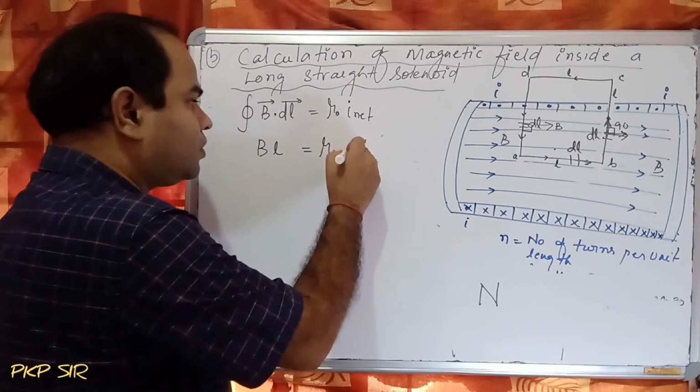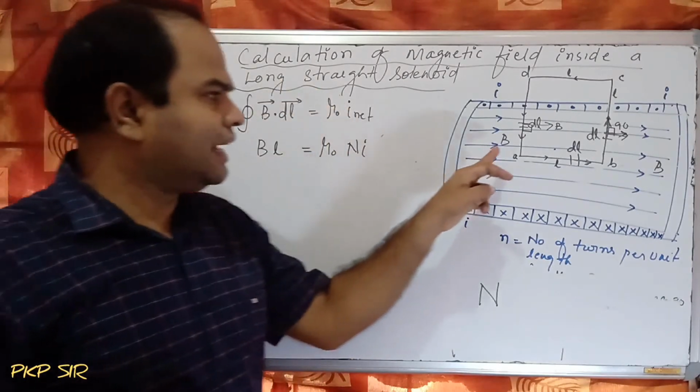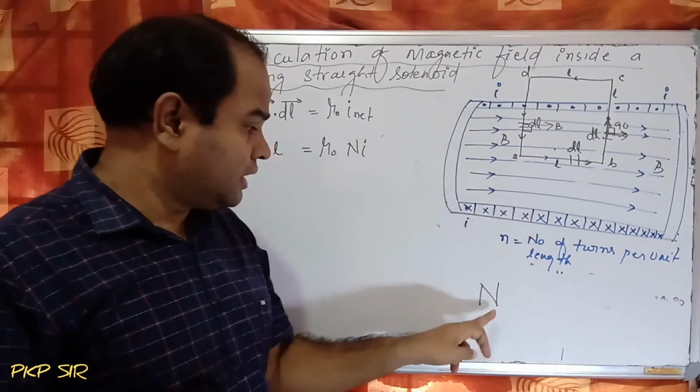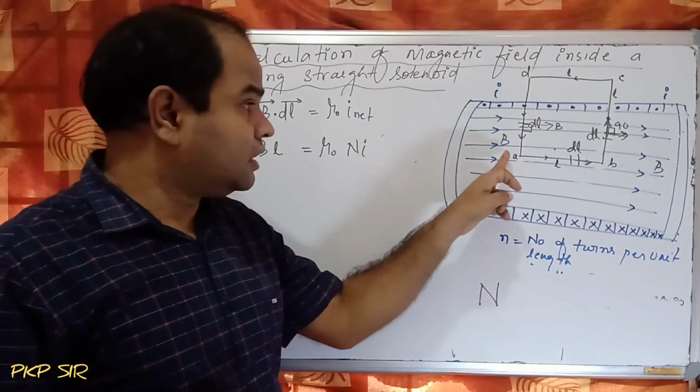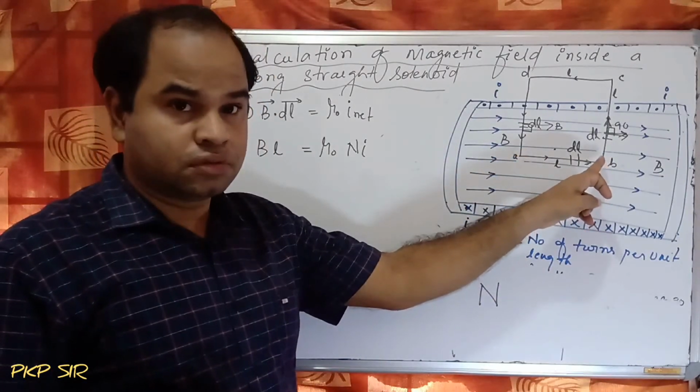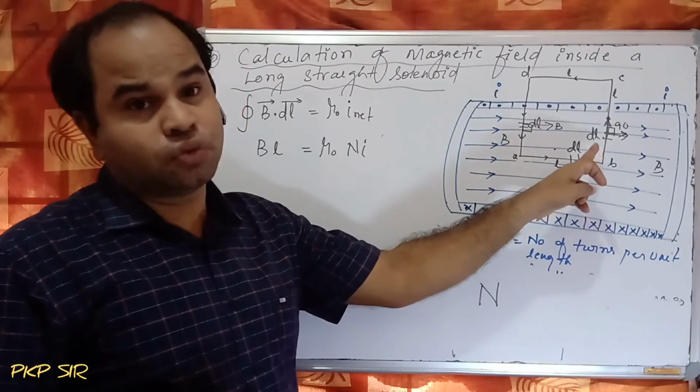Let us consider there are n number of turns inside this square loop.